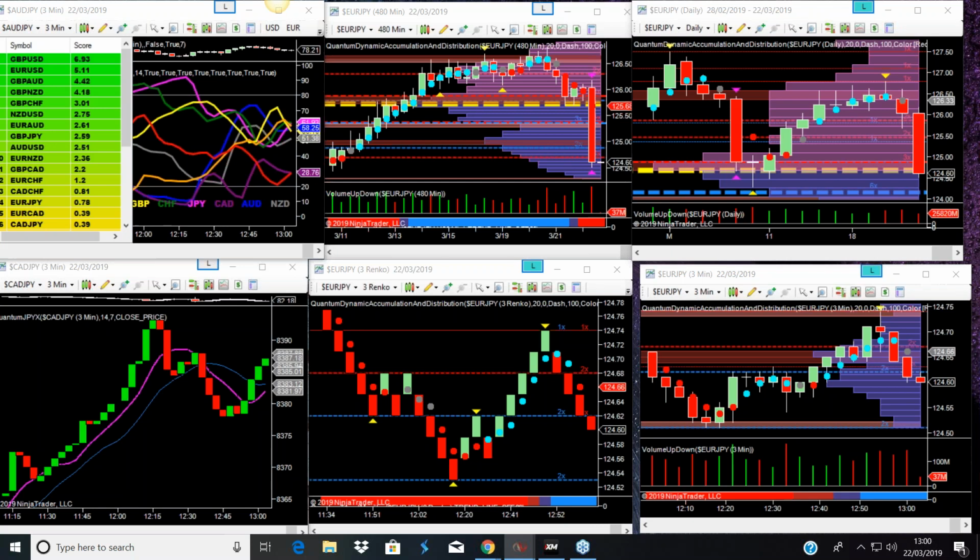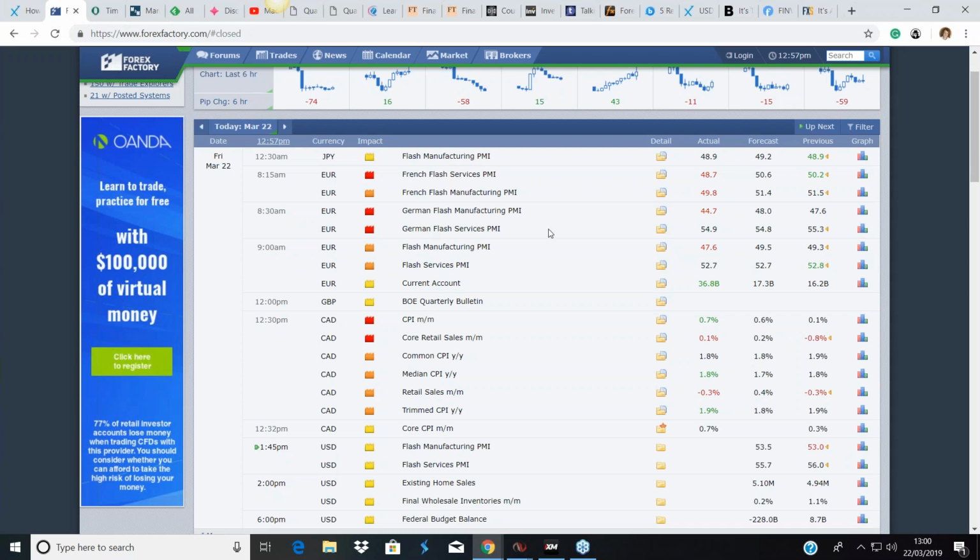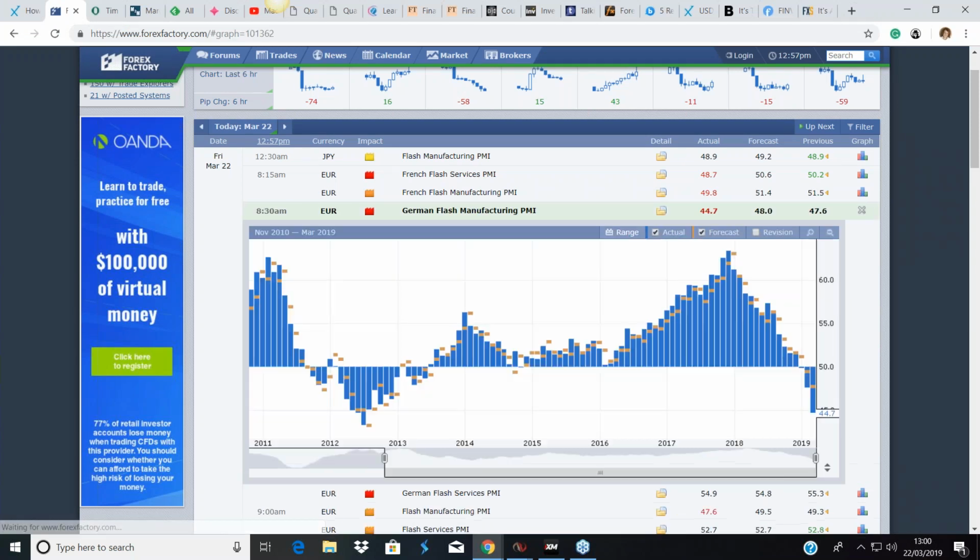So, for example, had we seen better than expected news, let's say it came in above 50 for whatever reason, that would then be seen against the context of the longer term trend. Let's put it back up there again.